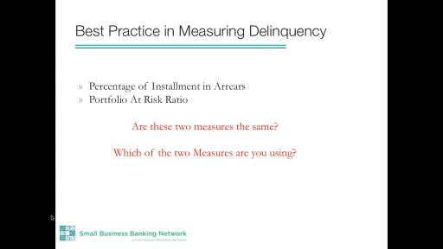And for the portfolio at risk ratio, the information that we need are, first of all, the amount of the outstanding balances of the loans that had missed one installment.